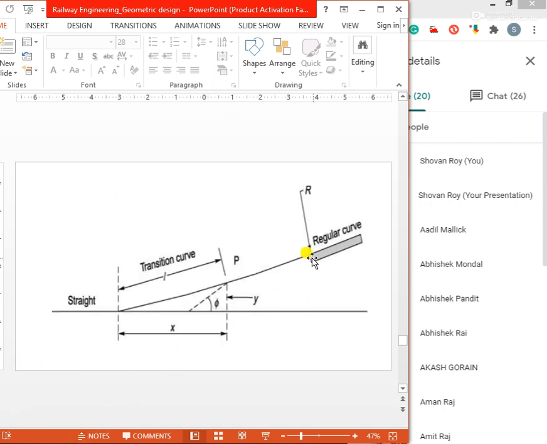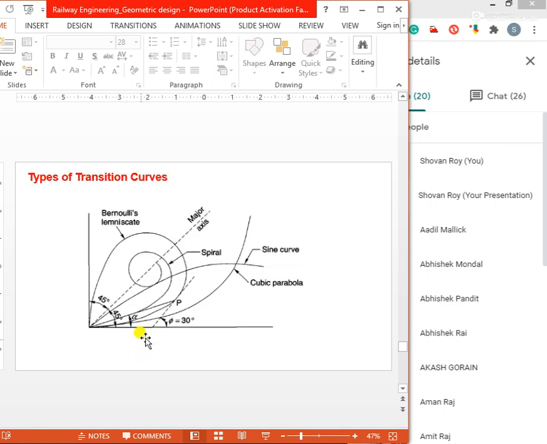If we see this picture, the same thing we can define for all these transition curve cases.